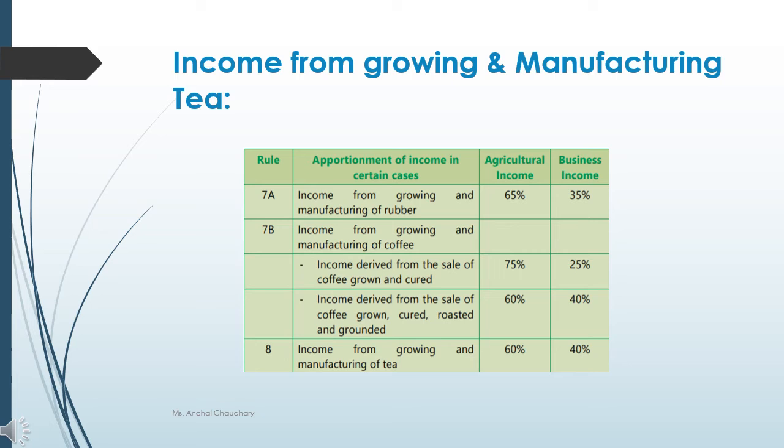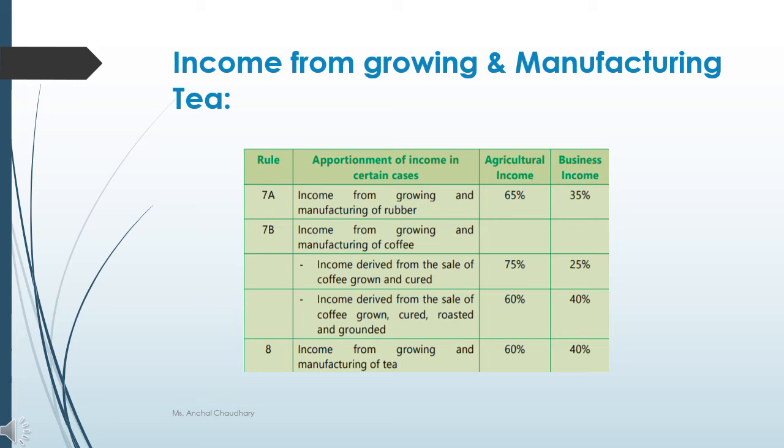For income derived from the sale of coffee grown, cured, roasted and ground, 60% will be considered as your agricultural income, and 40% will be considered as your business income.